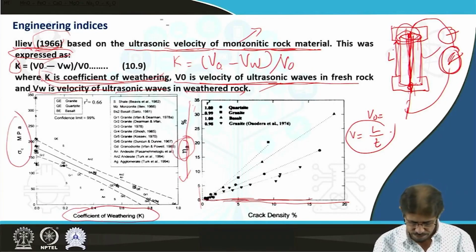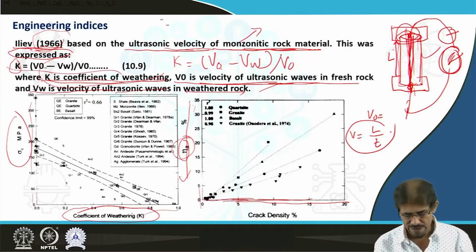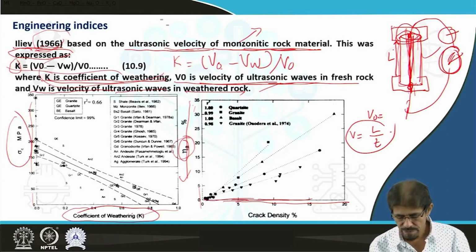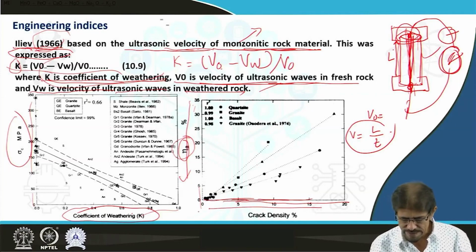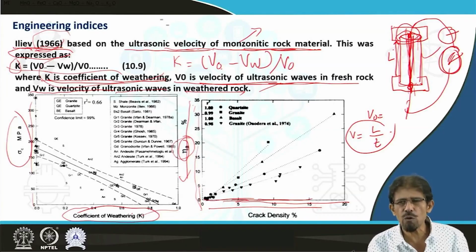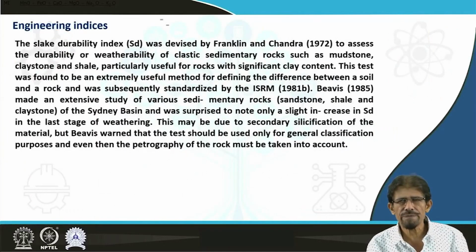Here the coefficient of weathering is measured in this way, and you can see this type of relationship. So just the reverse: the crack density is increasing, the weathering is increasing, because of open spaces for penetration of water and change of the mineral constituents of the rock.